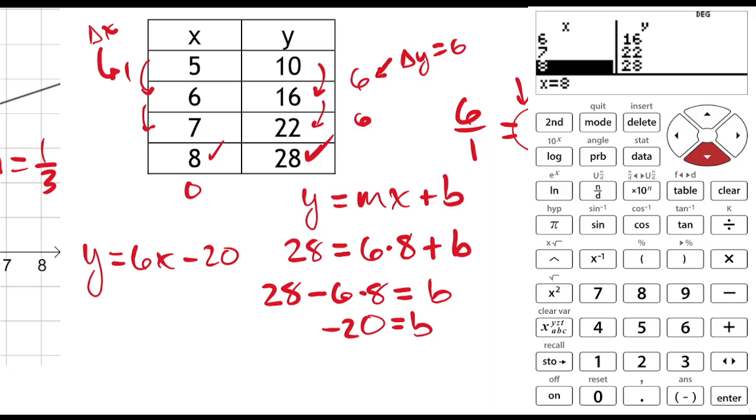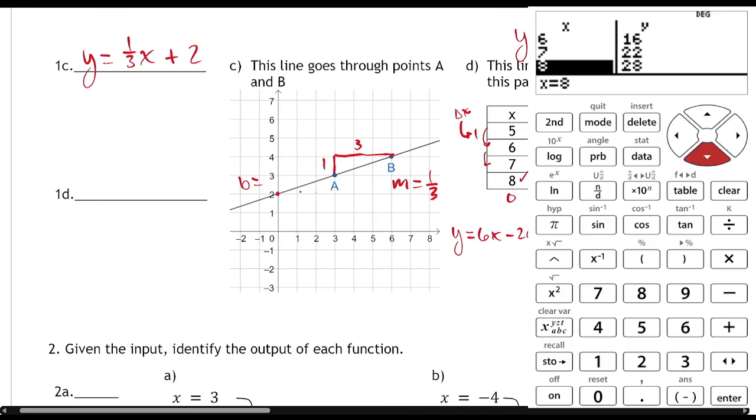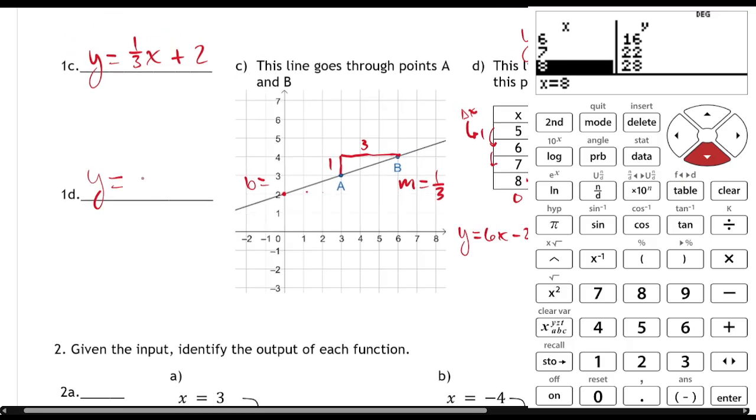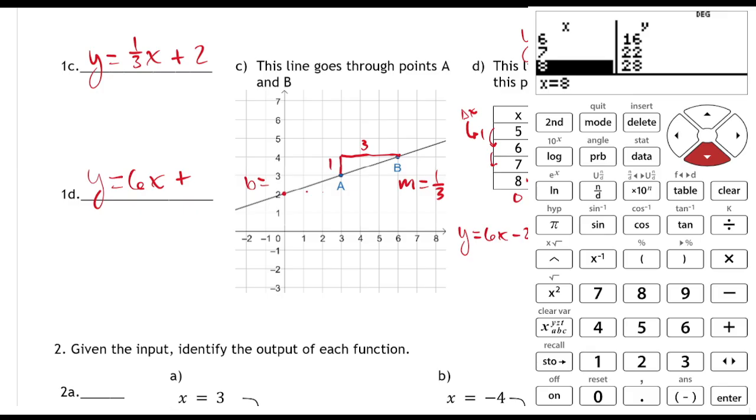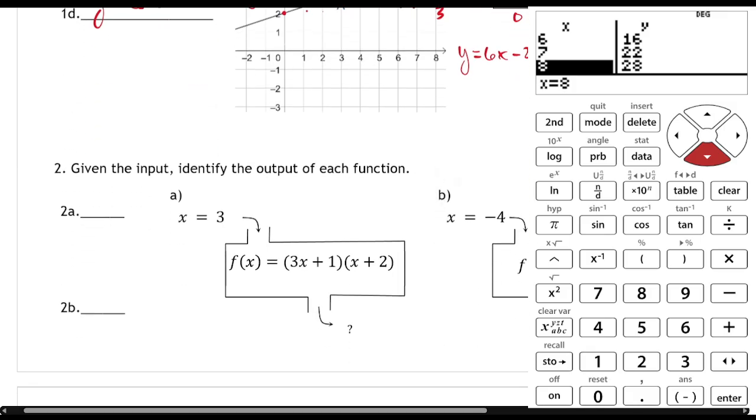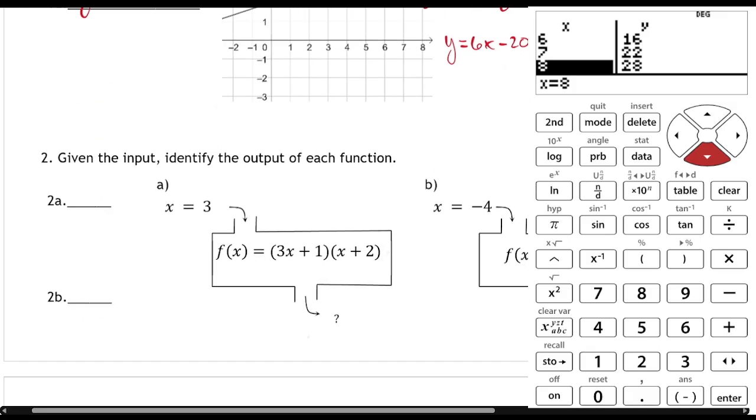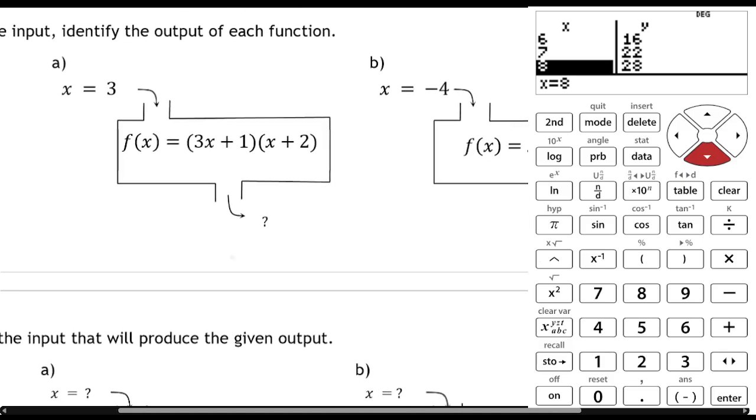So I can see I've got great confirmation that this is indeed the equation that will use these values of x and generate these values of y. It's the line. So let's go ahead and write it down. y is 6 times x and then plus, nope, not plus, it was minus 20. Minus the number 20.